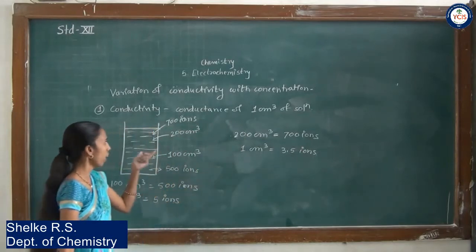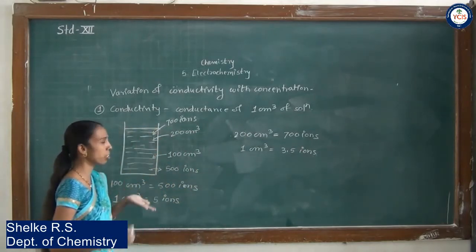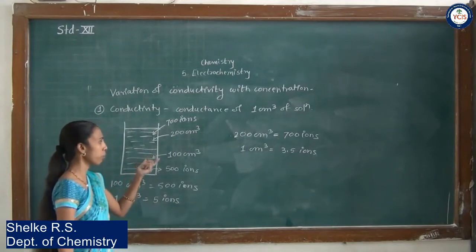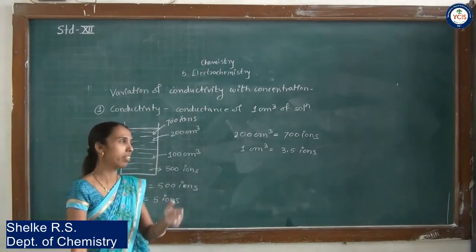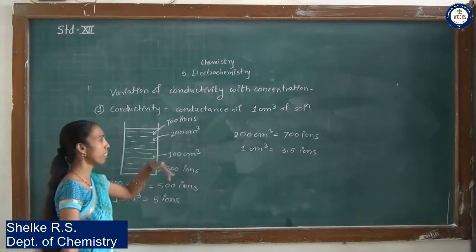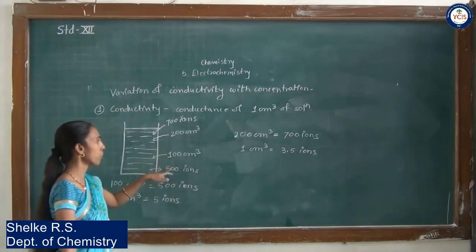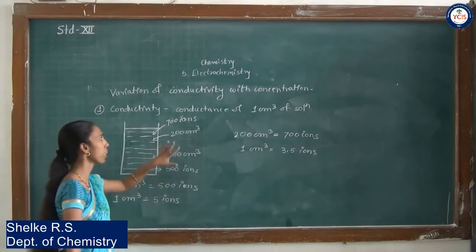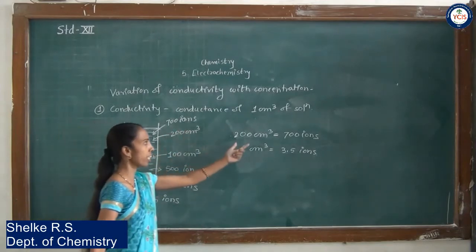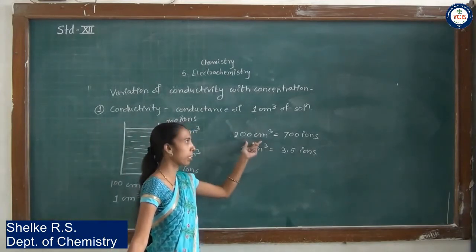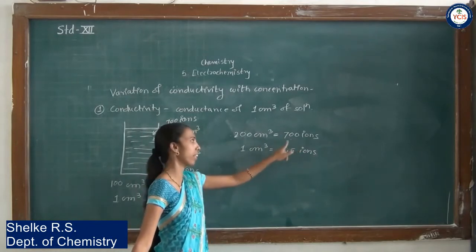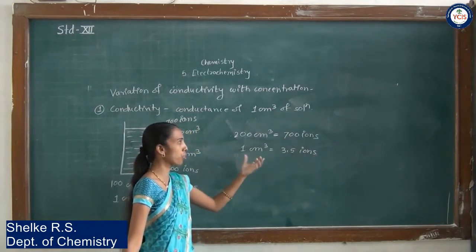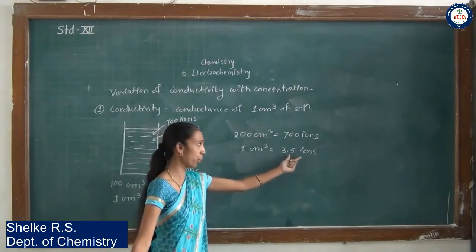See here, as you are increasing the dilution, means the volume increased, that time the number of ions increased, but the proportion is not doubled. Means we have doubled the volume, but the number of ions will not become 1000, it will become 700. Okay, so that time suppose the volume of solution will become 200 cm³, we are considering here that time ions will be 700, so 1 cm³ of solution will contain the 3.5 ions.